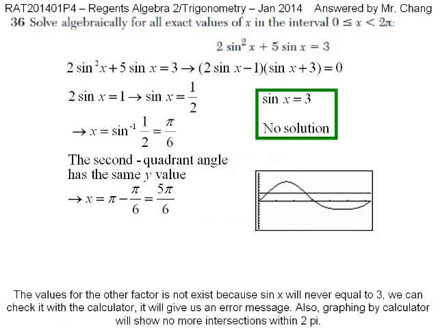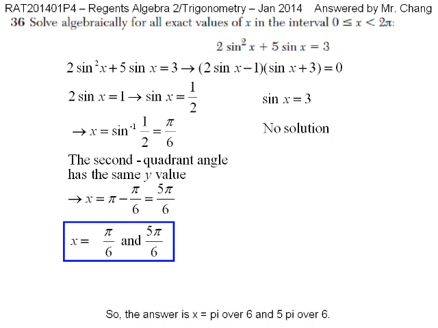The values for the other factor do not exist because sin x will never equal 3. We can check it with the calculator. It will give us an error message. Also, graphing by calculator will show no more intersections within 2 pi. So the answer is x equal to pi over 6 and 5 pi over 6.